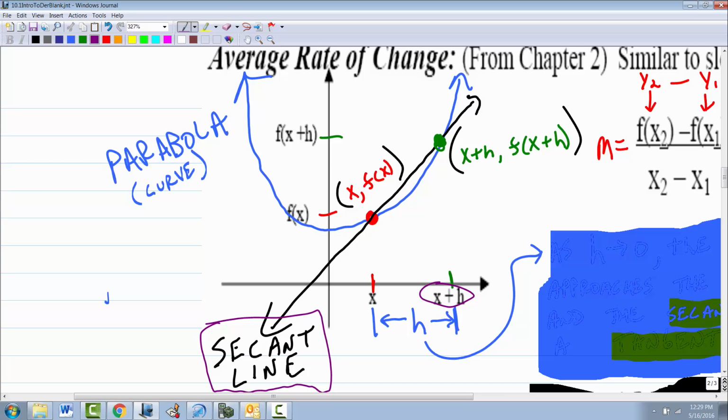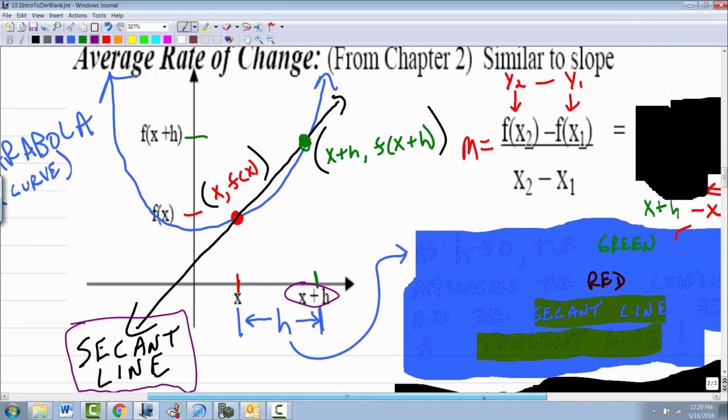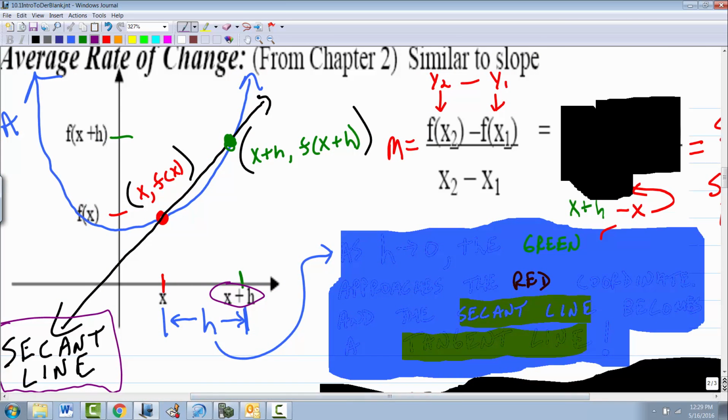Now, what's the slope of the secant line? Isn't it this y minus this y over this x minus this x? By the way, let's look at the denominator. What's x plus h minus x? Just h. So go ahead and throw this little formula down, and then I'm going to get into the calculus.